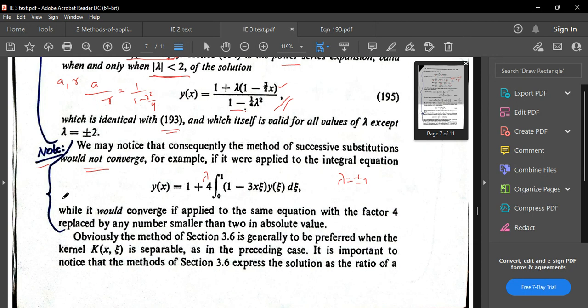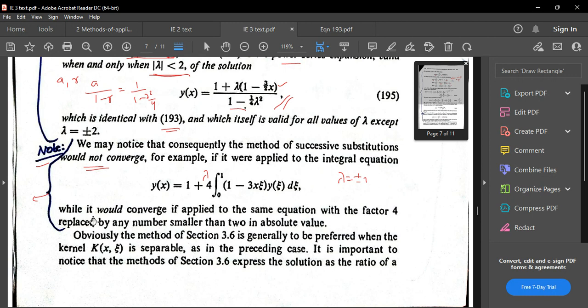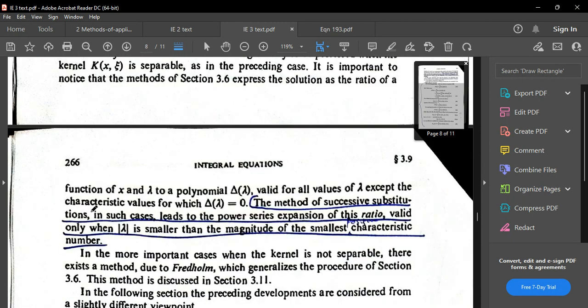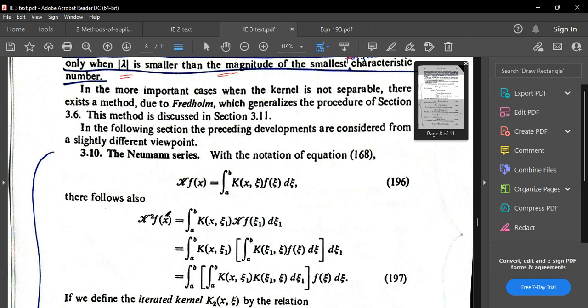This is a note only; there is no proof to study. This method of successive substitution leads to the power series expansion of this ratio, valid only when mod lambda is smaller than the magnitude of the smallest characteristic value. This is just a note. Next is the Neumann series.